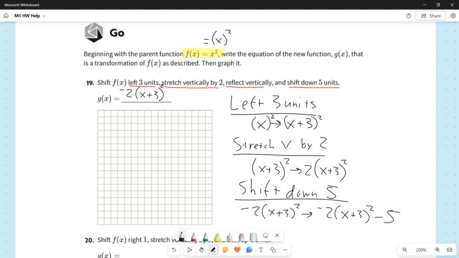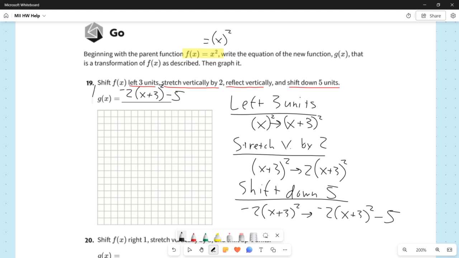Right? That's how you shift it down 5 units. You take everything that you have, you don't really change it, but then at the end you say, by the way, in addition to everything else, we're also going to subtract 5, and that will shift the whole thing down 5. So our equation, we're going to minus 5 right there.